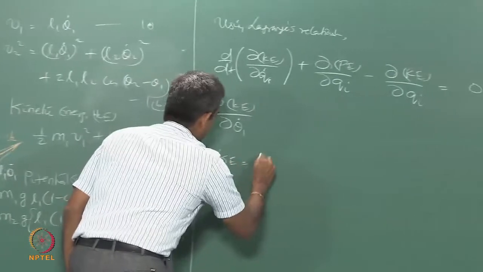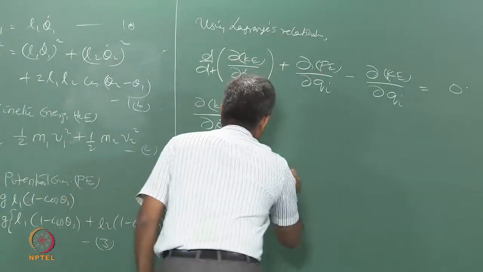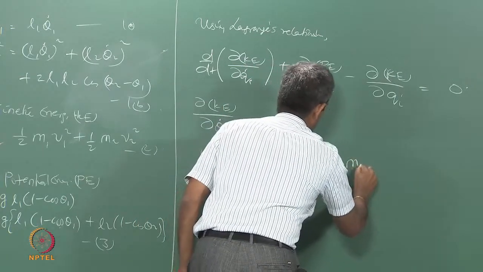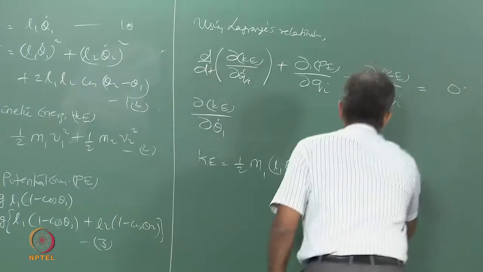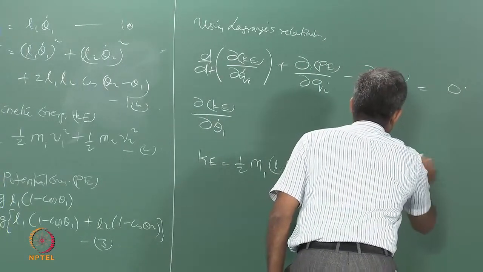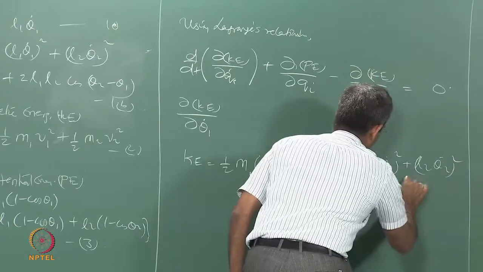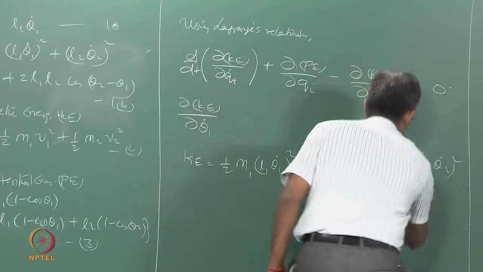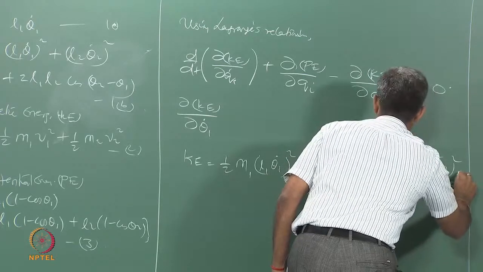So, let us write down the equation for kinetic energy first, which is half m1 L1 theta 1 dot square plus half m2 into L1 theta 1 dot square plus L2 theta 2 dot square plus 2 L1 L2 theta 1 dot theta 2 dot cos of theta 2 minus theta 1.